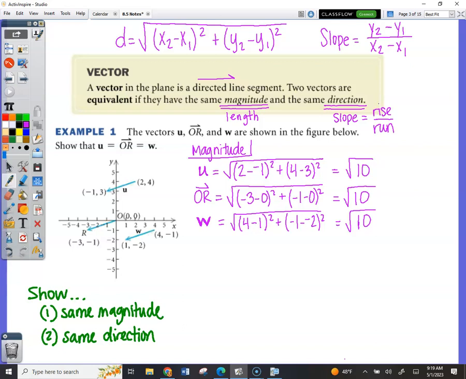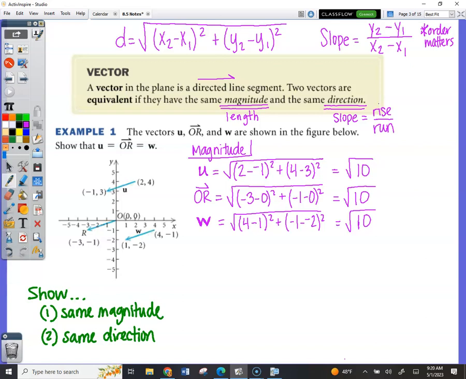Now with slope, order matters. And what we mean by that is however you subtract the y's on the top of the fraction dictates how you have to subtract the x's in the bottom of the fraction, or you'll get the wrong answer. Okay?